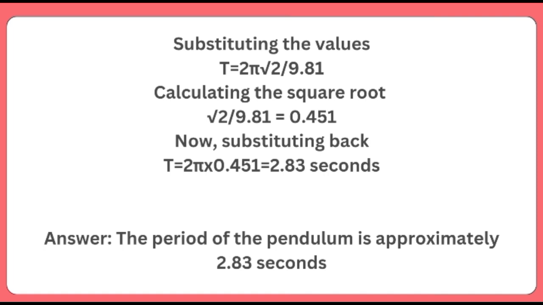T equals 2 pi times 0.451, which is equal to 2.83 seconds. Why 2.83 seconds? Because we multiplied 2 times 3.14, which is the value for pi, times 0.451. So the answer is the period of the pendulum is approximately 2.83 seconds.